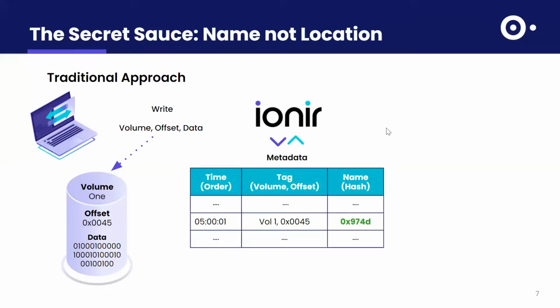So what we've done is we've created a metadata library. I like to think of them as recipes, but it's a metadata library that keeps track of these blocks that have been written. So let's just say that a block's written at 5:01, sorry, 1 second past 5 o'clock. The application has asked us to write at offset 45, and it's asked us to write specific sets of ones and zeros that you see here.